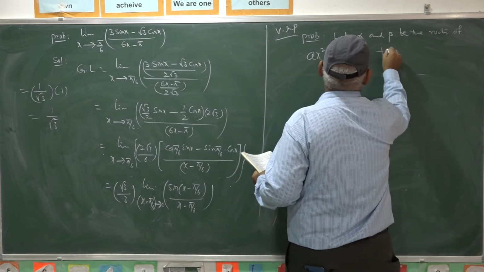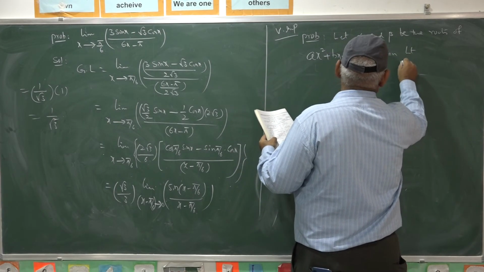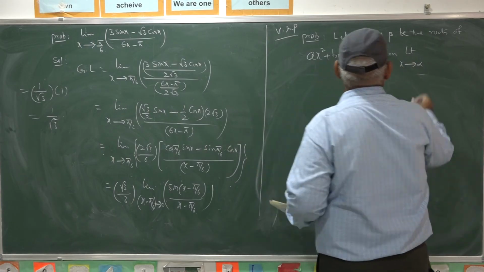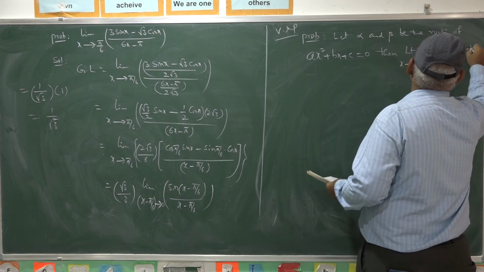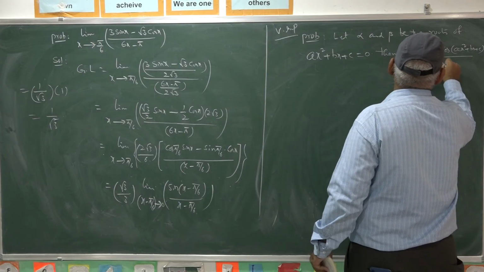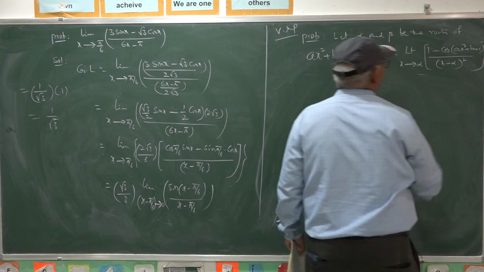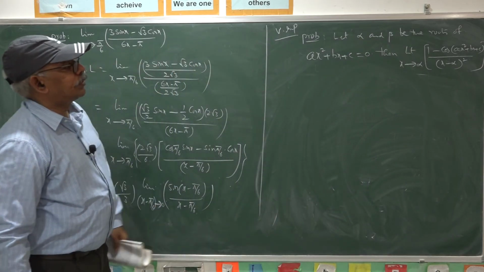Then evaluate the limit as x goes to alpha of 1 minus cos of (ax square plus bx plus c) by (x minus alpha) whole square. This is also a very good question.